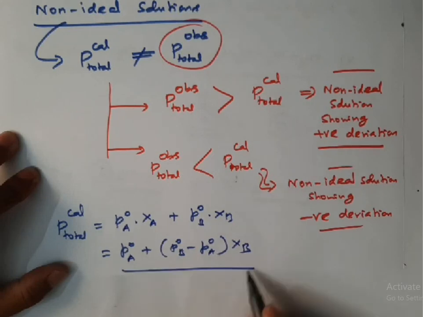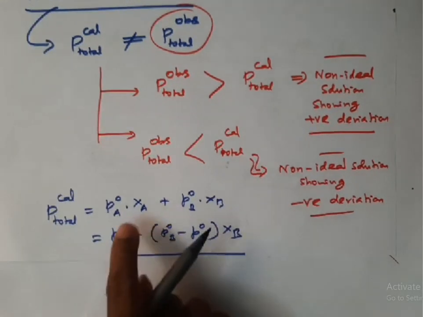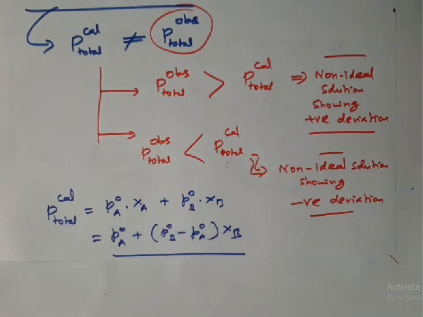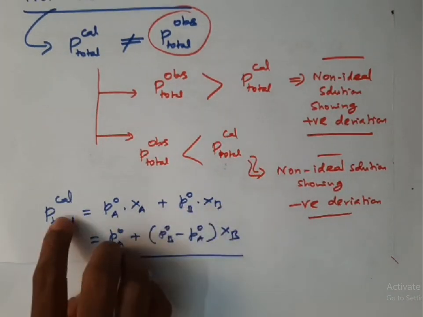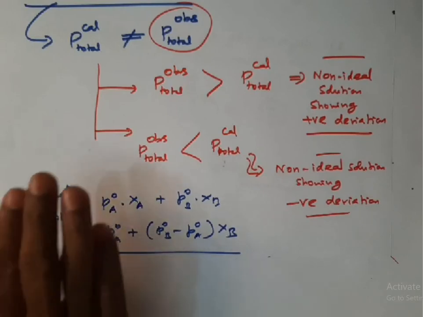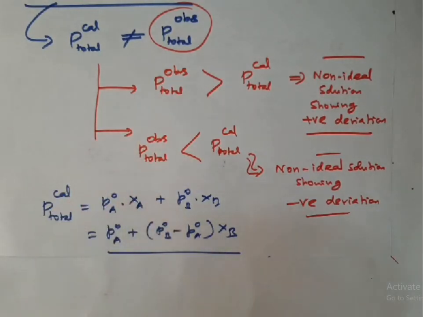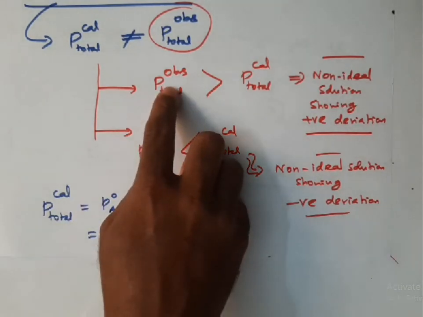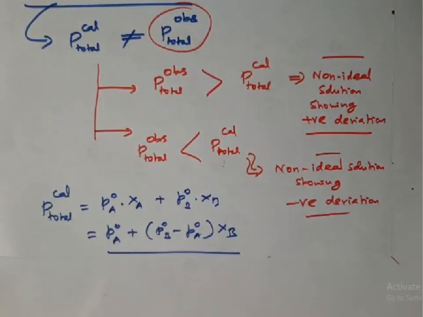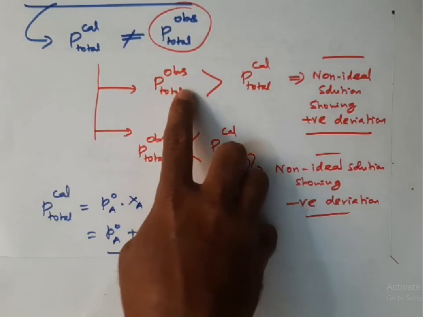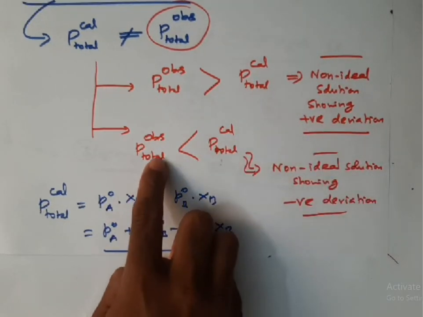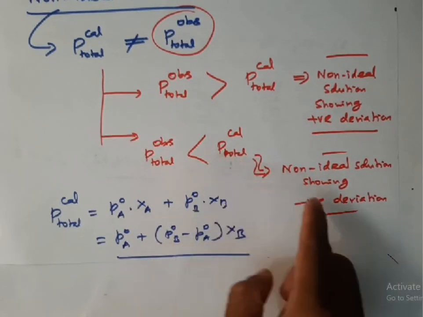This is also correct. These formulas we arrived at using Raoult's law. If you use Raoult's law to calculate the total pressure, it is called the theoretical or calculated total pressure. Observed means it is experimentally measured. If the experimentally measured pressure is greater than calculated, it is positive deviation. If the experimental total pressure is less than calculated, it is negative deviation.